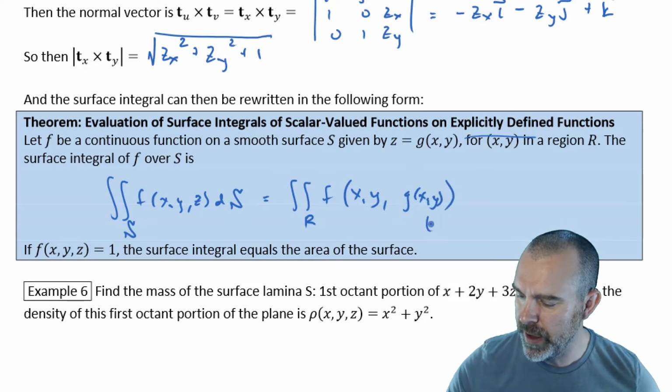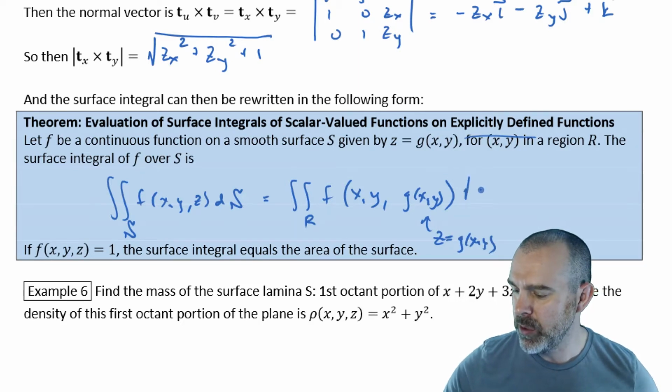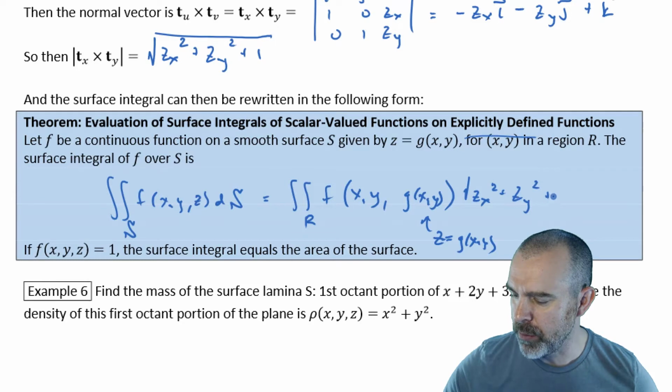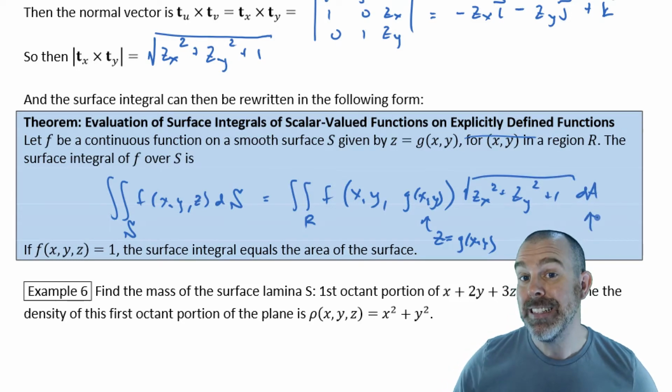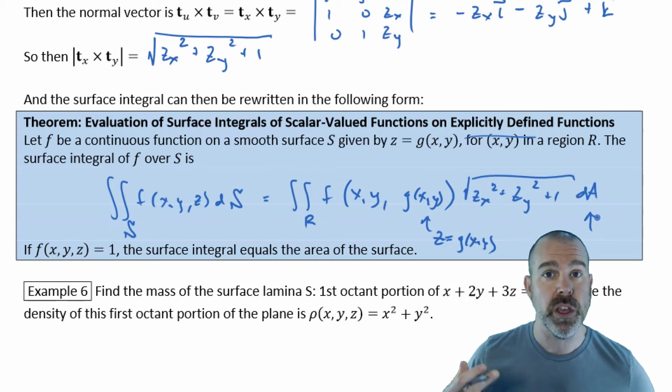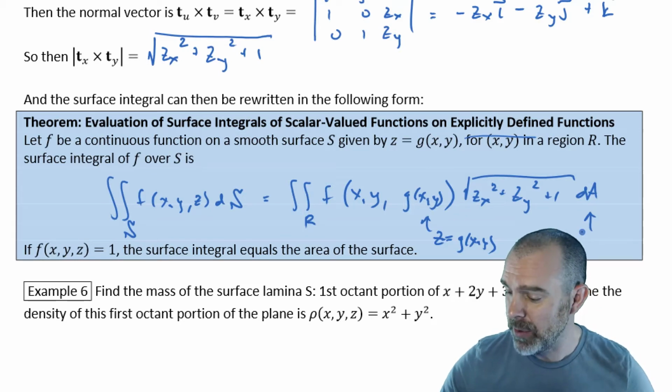This is where the surface z is given to us as a function of x and y. And then the magnitude would be the square root of zx squared plus zy squared plus 1 dA. And the dA in this case, that's usually in our parametric uv plane. In this case, that would just be in the xy plane.